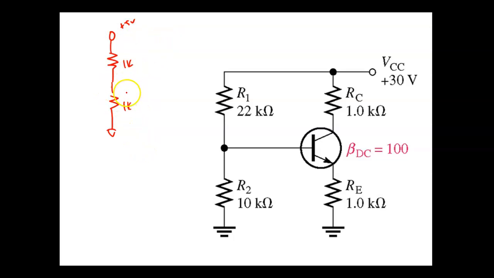Of course, when we measure across this resistor right here, we would measure 2.5 volts. And then I came over here and I put an AC signal in right here. Very small AC signal.